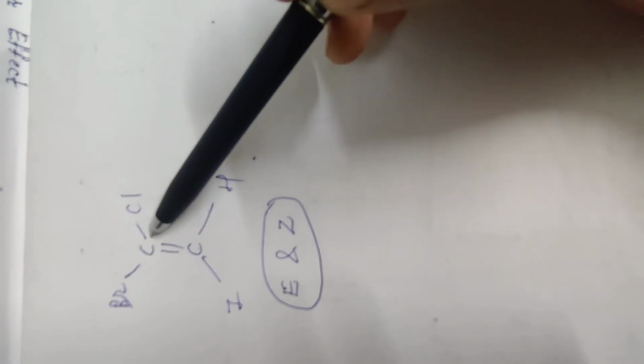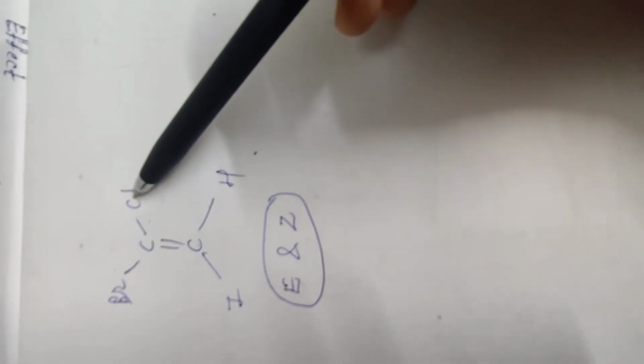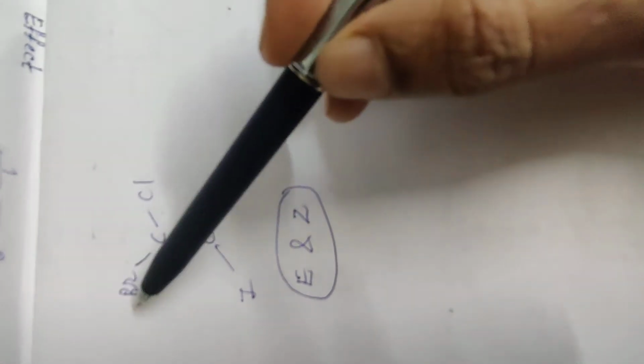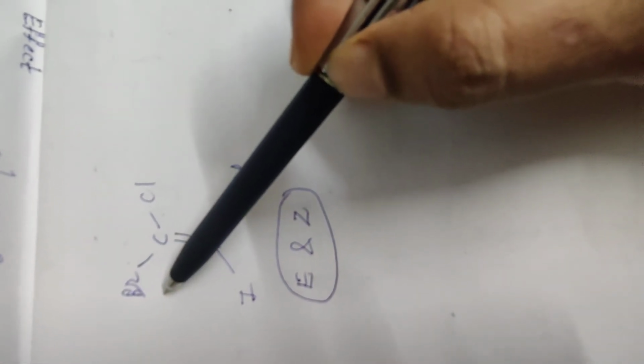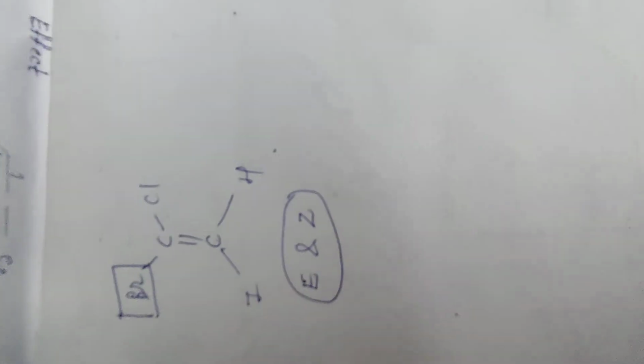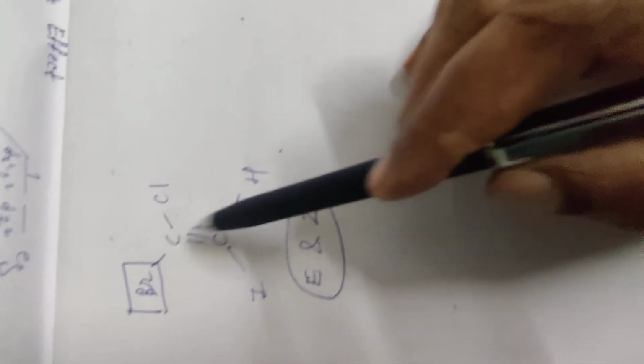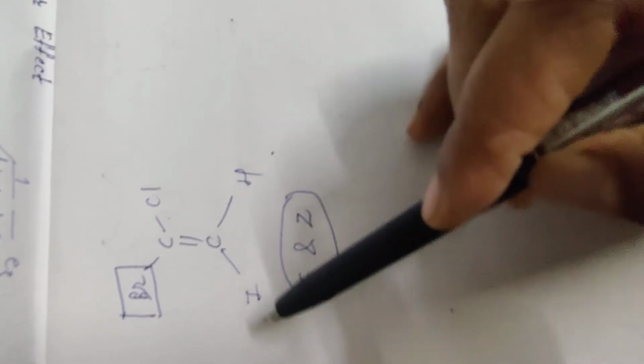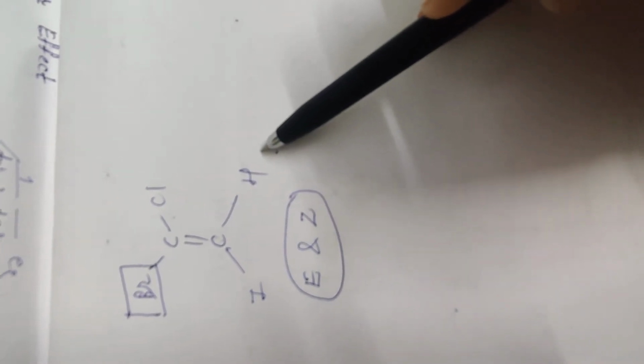This is one doubly bonded carbon atom and two atoms are attached to it. So we give priority to this and this. We know that bromine has higher priority, so we just mark it as the higher priority. Here, for this carbon, two atoms are attached: one is iodine and another one is hydrogen.